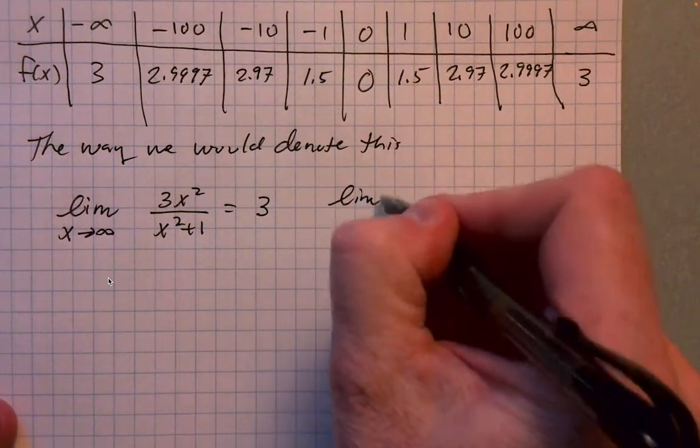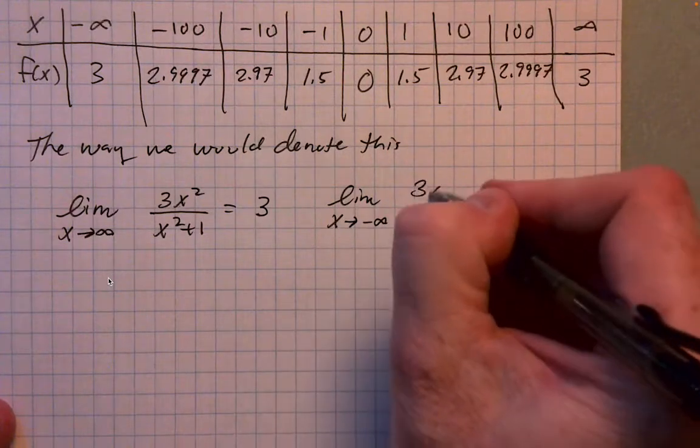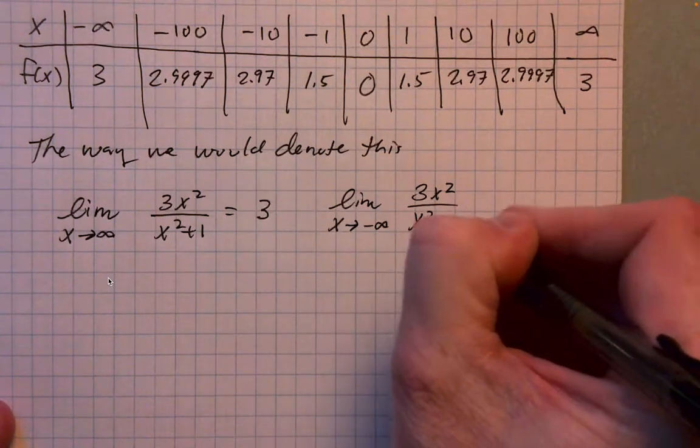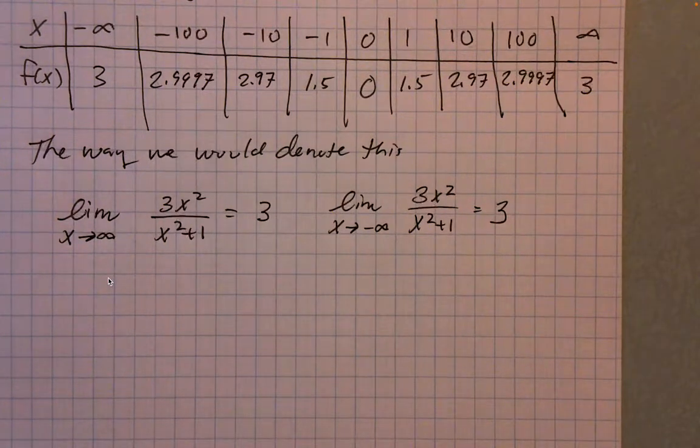And then the same thing for x approaching negative infinity. So the function approaches the same value as the inputs grow without bound and as they conversely shrink without bound.